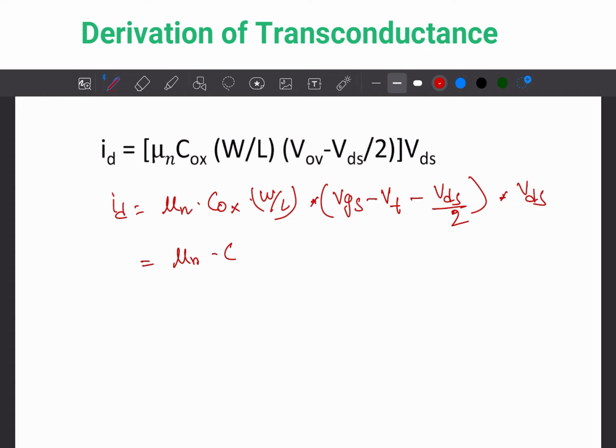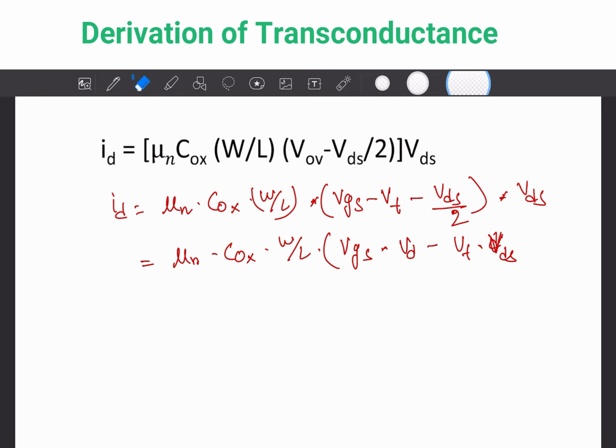Mu N COX W by L, VGS multiplied by VDS minus VT multiplied by VDS minus VDS square by 2.